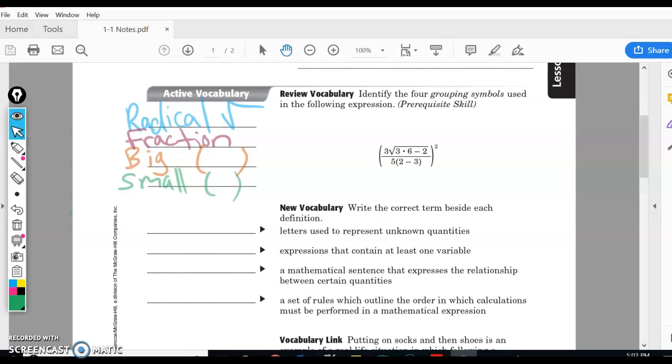For some new vocabulary, or probably old for you guys, let's write the correct term beside the definition. So letters used to represent unknown quantities are called variables.